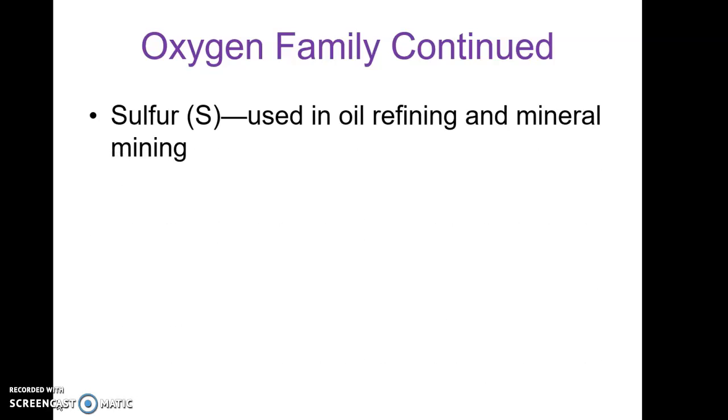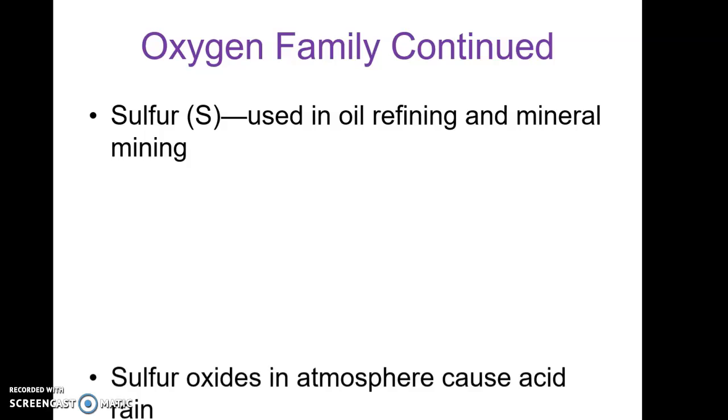So more about the oxygen family. Moving down from oxygen is sulfur, the atomic symbol S. And sulfur is used in oil refining and mineral mining. So it's important in those industries.